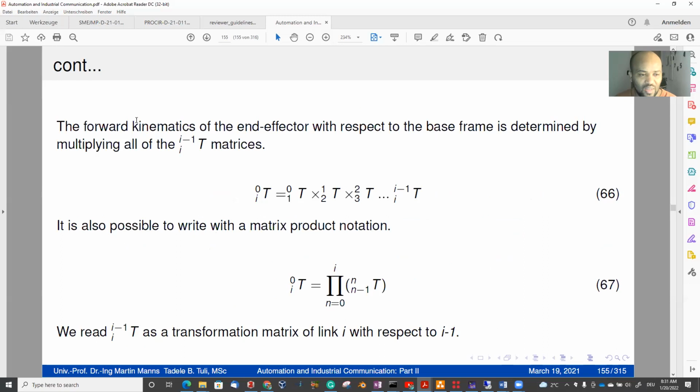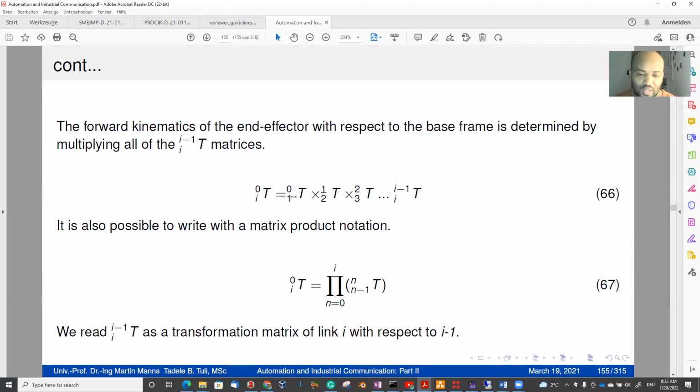Yeah, actually the other point is also very important. This is the order of multiplication. Every time you have to start from the lowest, times the next, then the next, then the final one. This works like, for example, this is from 0 to 1, times from 1 to 2, times from 2 to 3, times from i minus 1 to i.